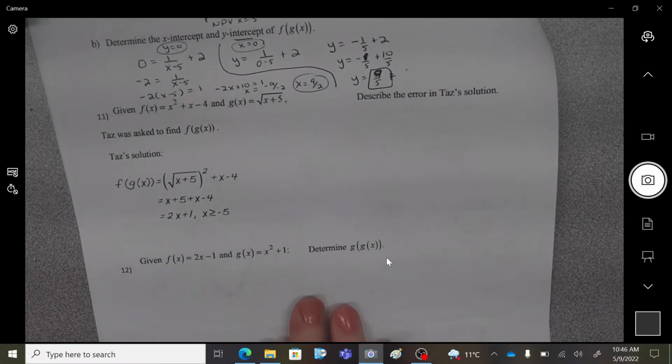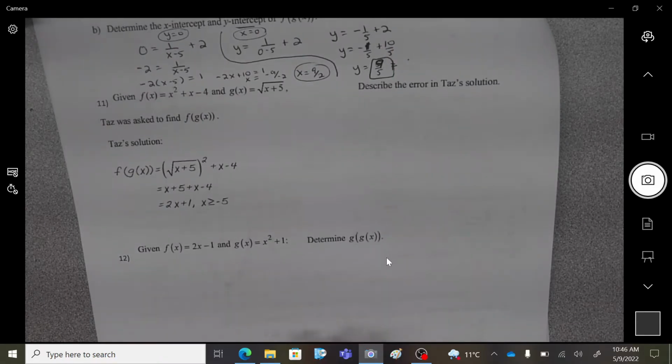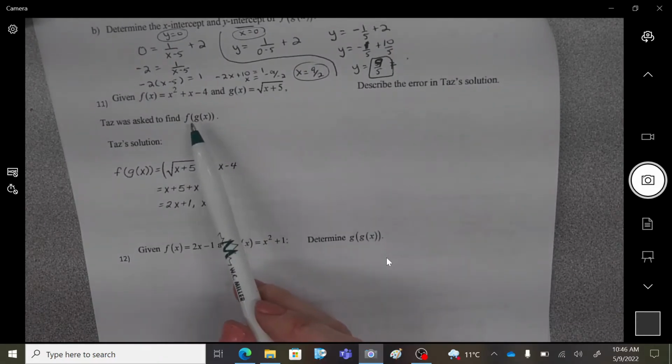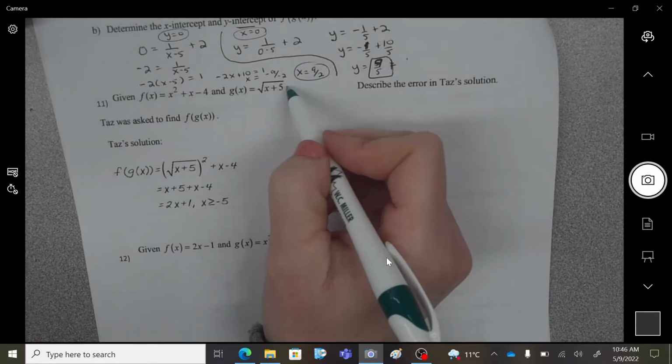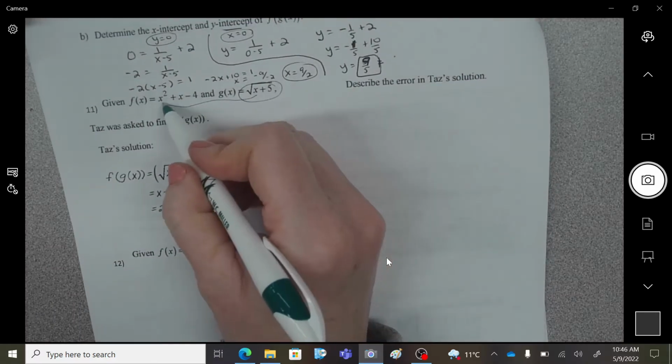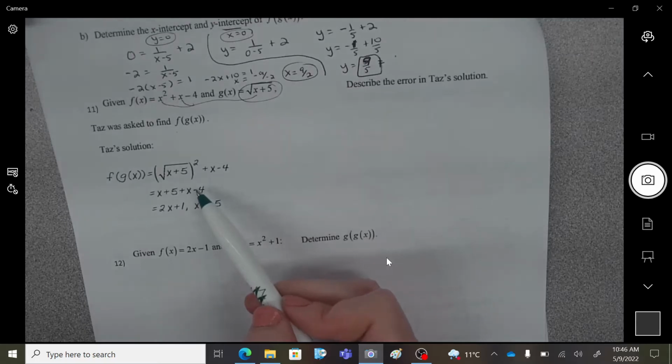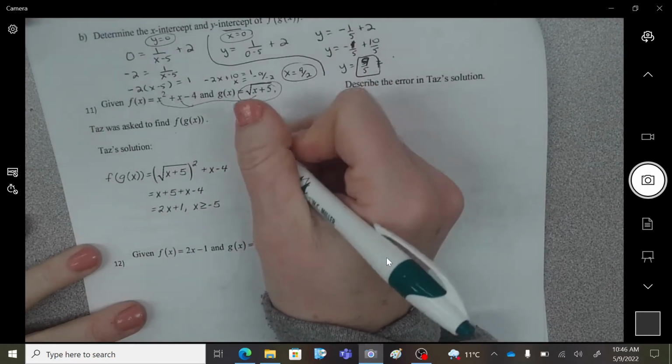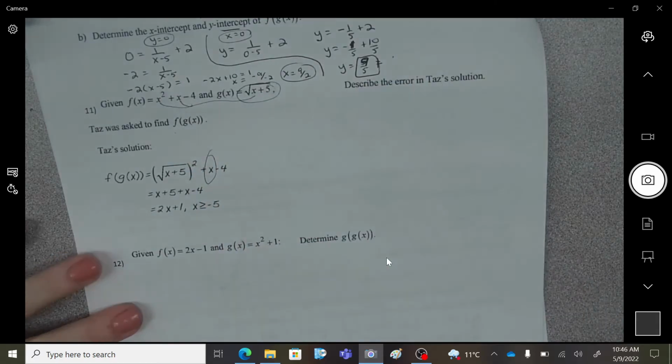Okay, number 11, we've been given two functions. Taz was asked to find the f of g of x, so should be plugging that into those positions. So what was the error? Right there.